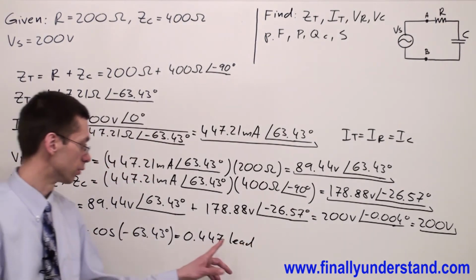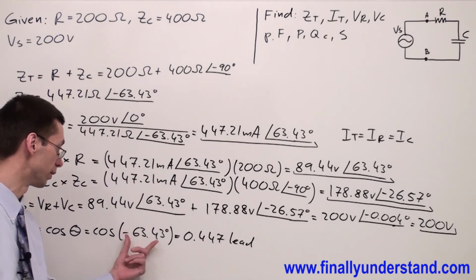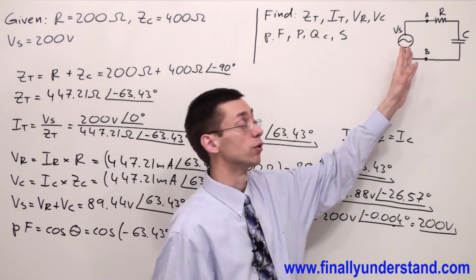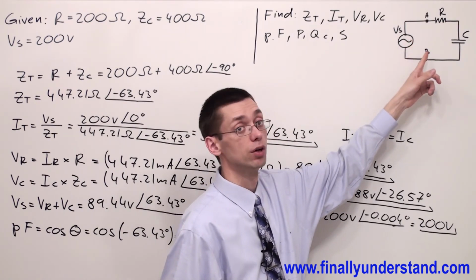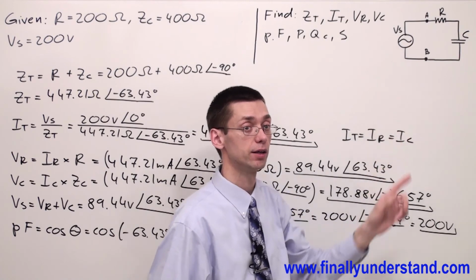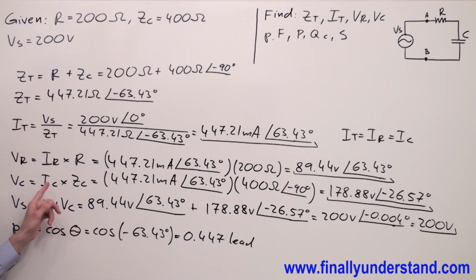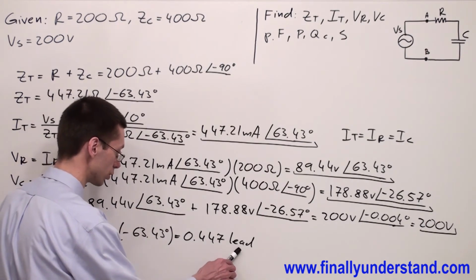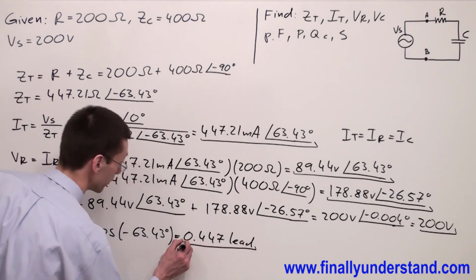I'm supposed to add the word lead because I have a negative sign at the front of my angle, or just remember that the current which will flow in the load, in this case resistor and capacitor, is going to lead the voltage source by a certain angle. In this case the current is going to lead the voltage source by 63.43 degrees. That's why you're supposed to add the word lead to the power factor. So this is the value of my power factor.